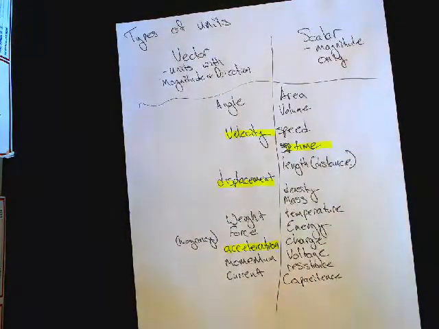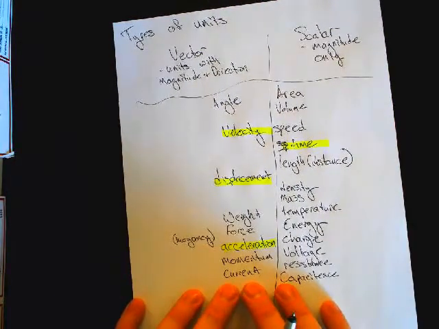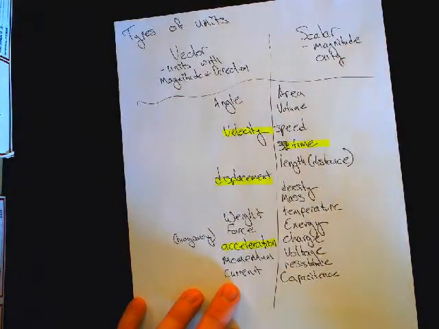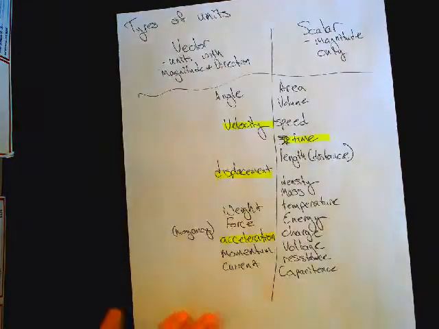If I said 6 ohms right, what? And when we get to electrical currents, that'll make a little bit more sense. Current we can have a direction on because 6 amps to the right, okay, the current is going this way in the wire. That makes sense. We're not talking what ifs. All right.